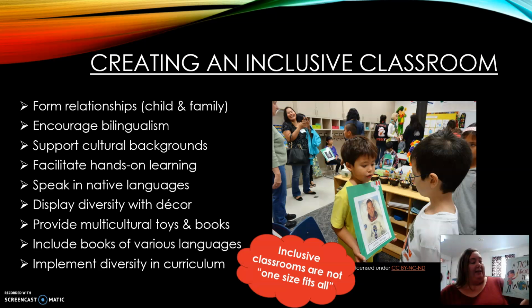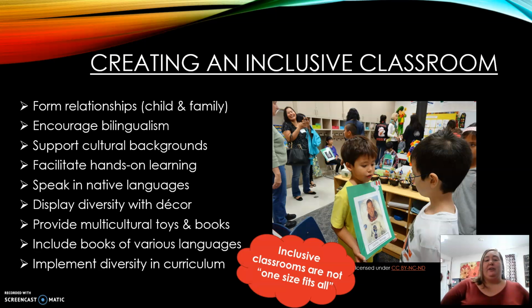This book, again, teaches about different cultures and different places that students may come from in your classroom. And lastly, this book, Grandma's Purple Flowers, talks about people of different races, people who may not look like you, who may be different than you, but are still just as important as you.